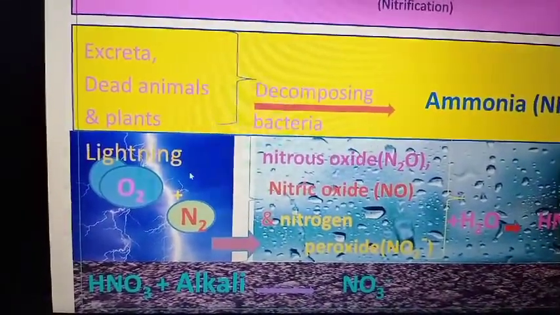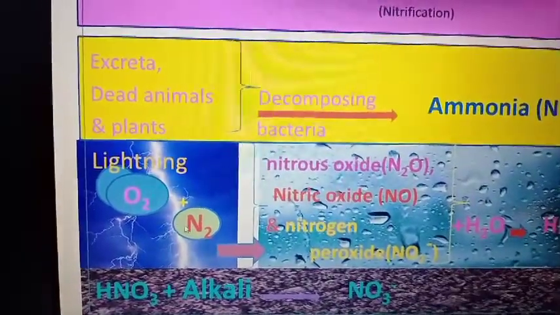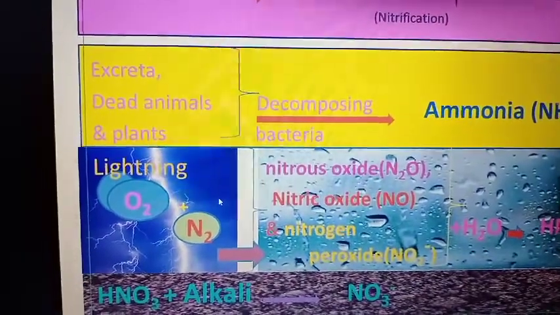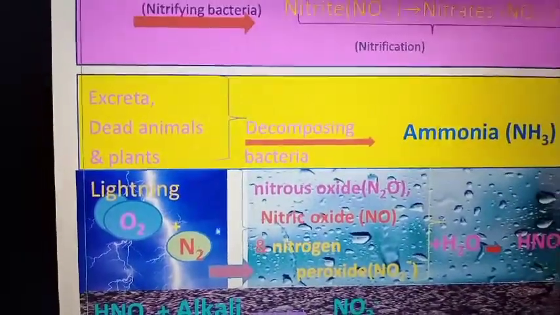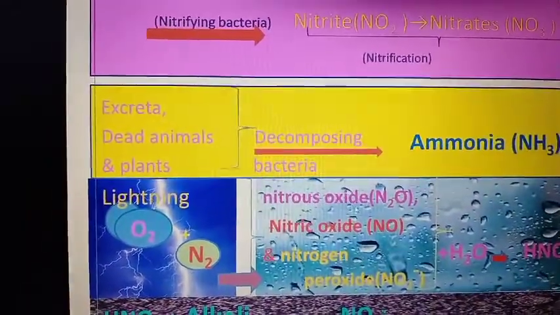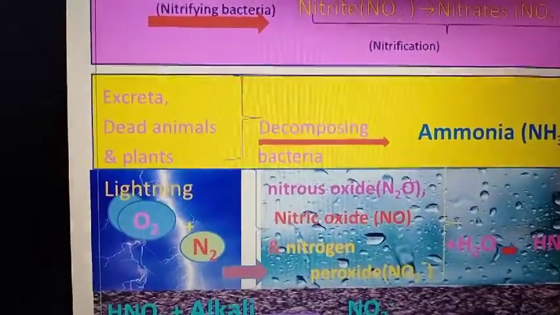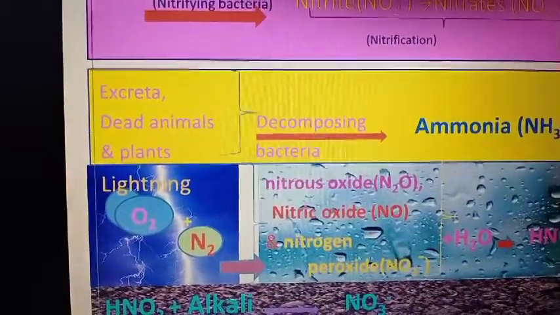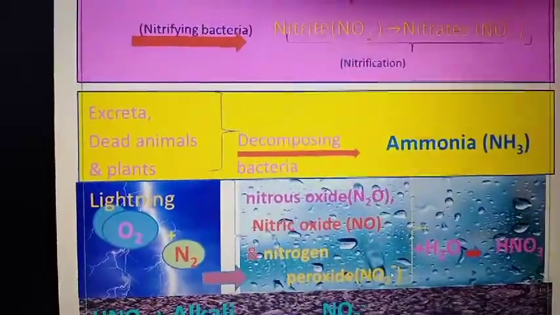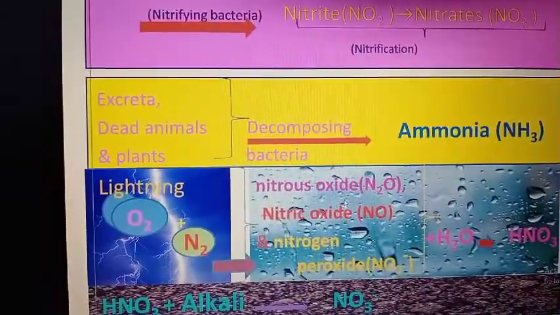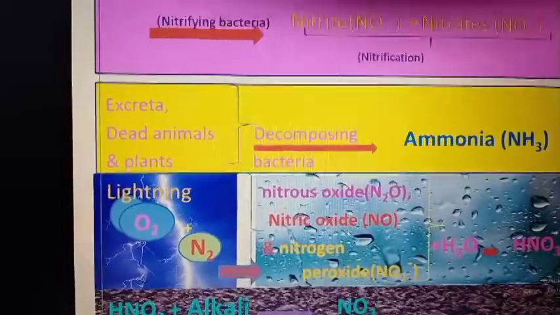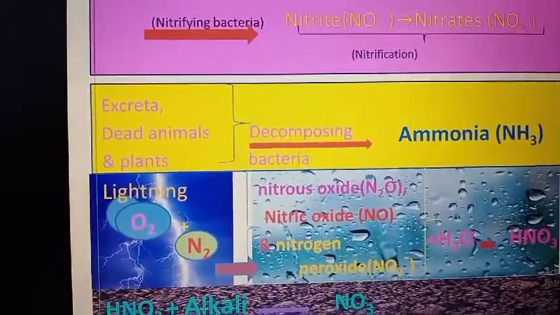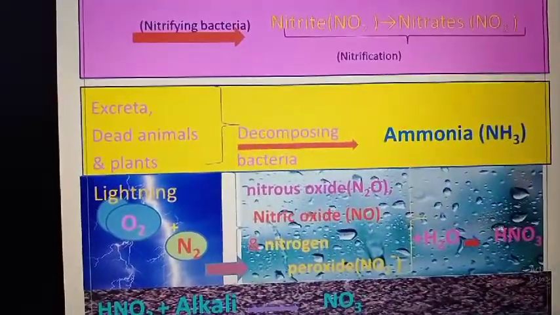During lightning, the nitrogen under high temperature reacts with oxygen and forms compounds of nitrogen and oxygen, that is nitrous oxide N2O, nitric oxide NO, and nitrogen peroxide NO2. So these nitrogen oxides react with rainwater, H2O, and form nitric acid.